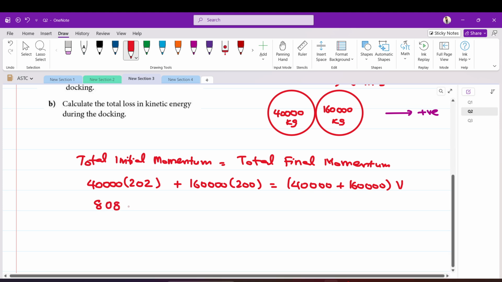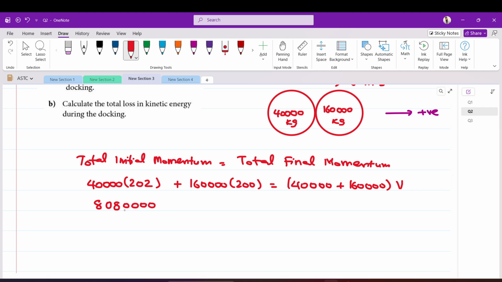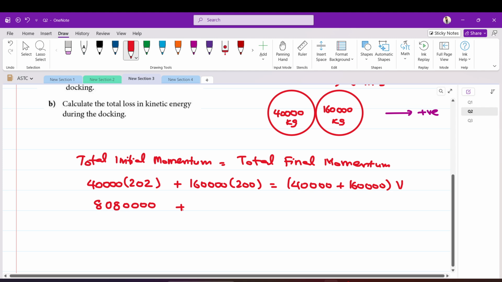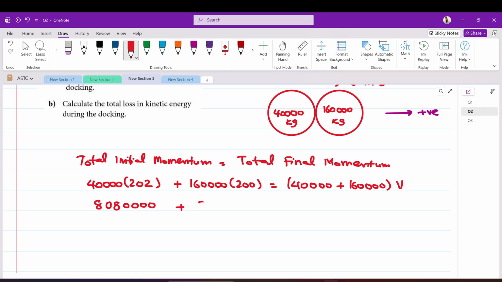So we can write 808, so this is 8,080,000, plus 160,000 times 200, so we have six zeros. Then 40,000 plus 160,000 will be 200,000 v.